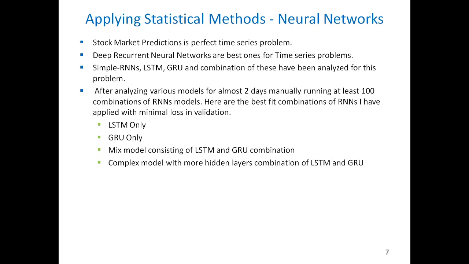After running some 300-400 combinations, I came up with 4 models which performed really well against this data: the LSTM only, the GRU only, the mixed model, and finally the complex model with more hidden layers. I tried all of these with various numbers of hidden layers, neurons, learning rates, and all the various model parameters. Whatever is available as part of the final coding are the good ones which I have experienced with this data.